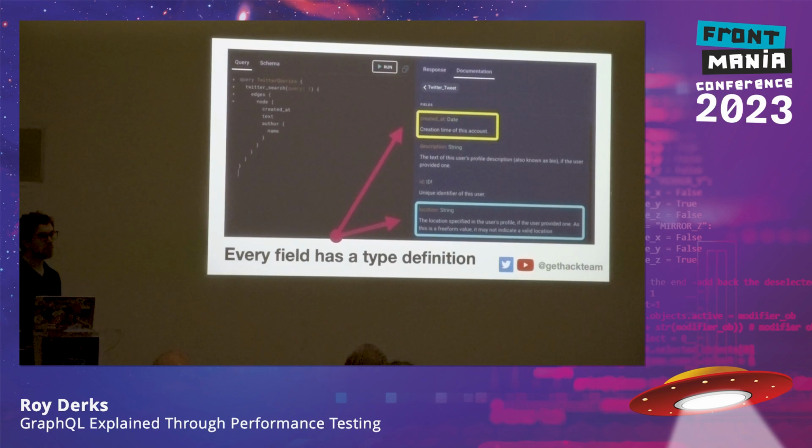And in the schema, you can find type definitions for all the fields, both on field level, but also if you have your list of operations, such as queries, there will be return types defined there as well. So you can be sure whenever you send a request to a GraphQL API that the data you will get back is coherent with the type system.